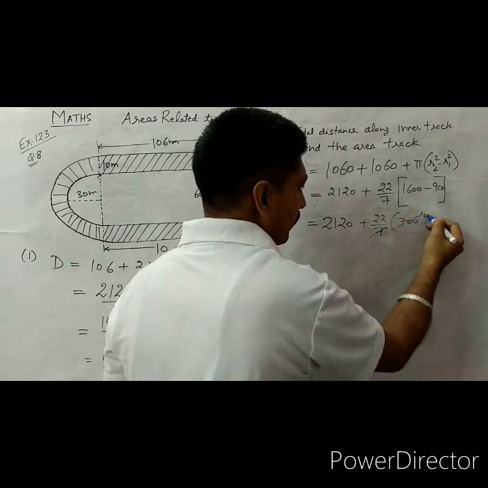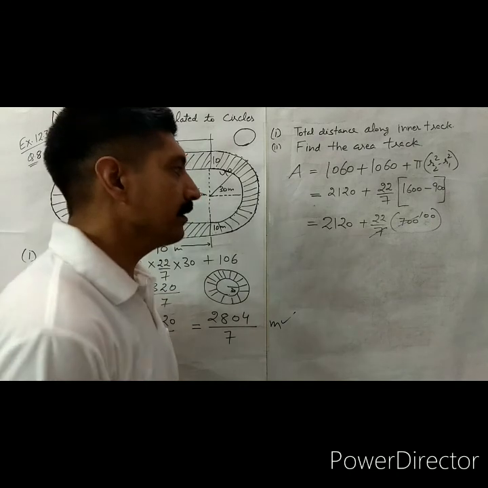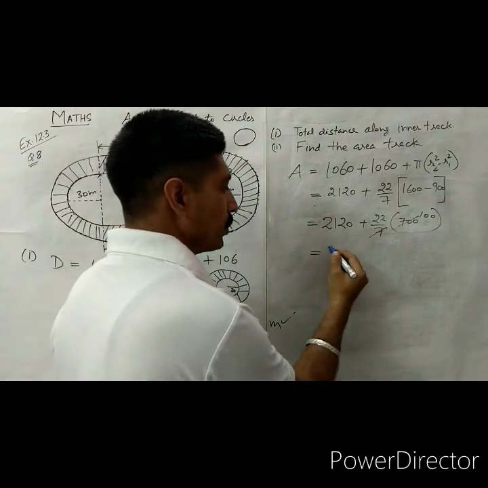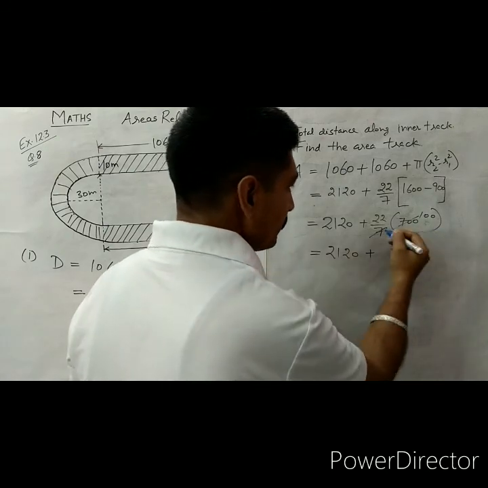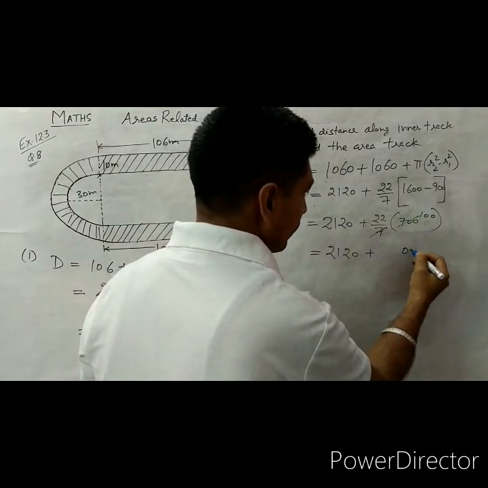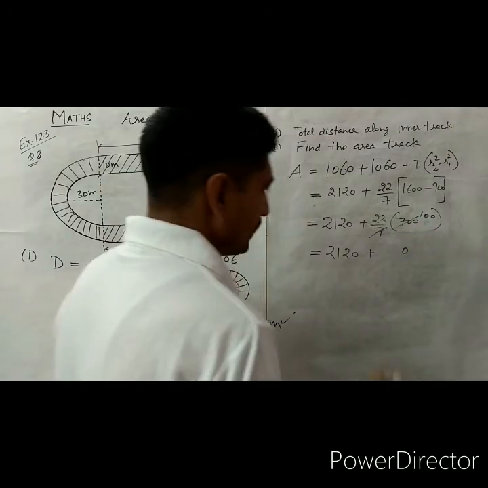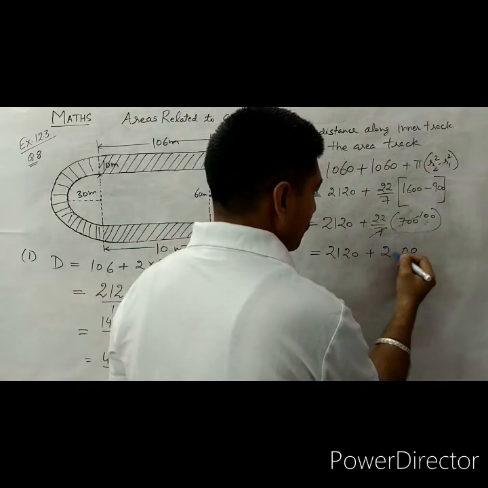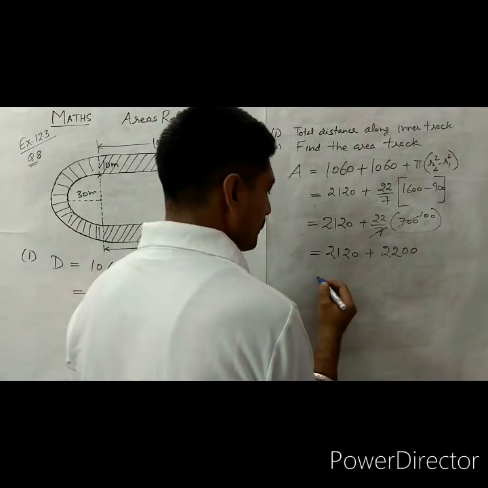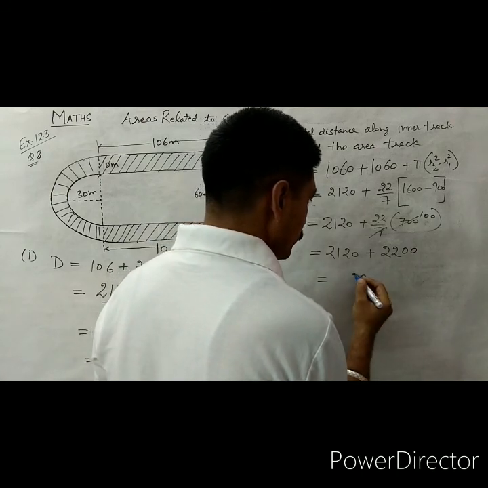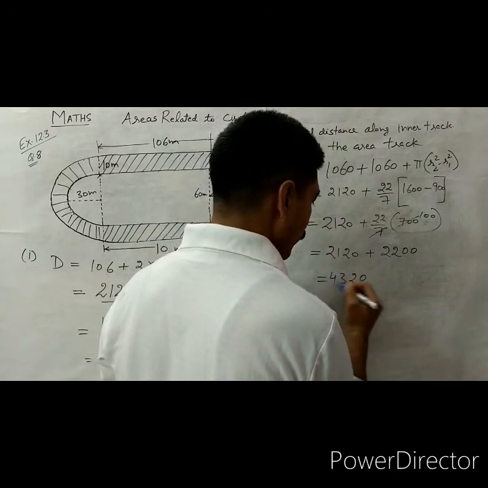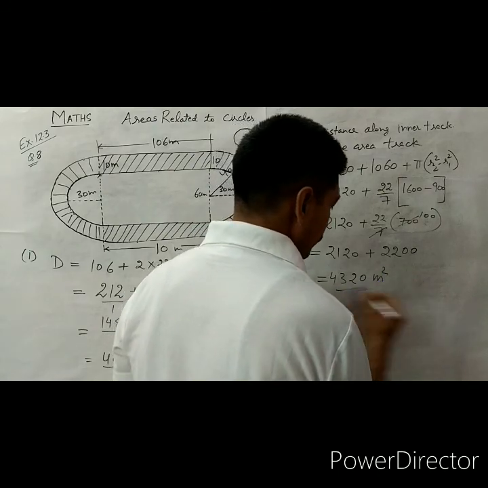So here this is 100, and 2120 plus 700, it is 100 only. So the answer here is 0. We have 2, 3, 4 meter square.